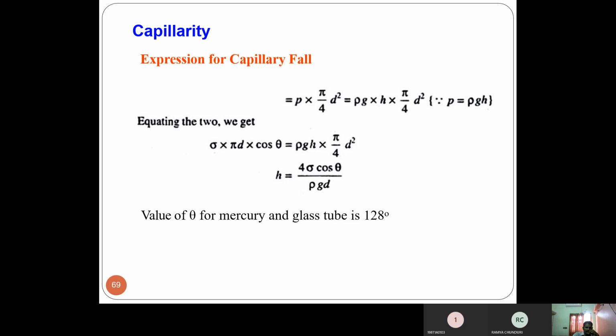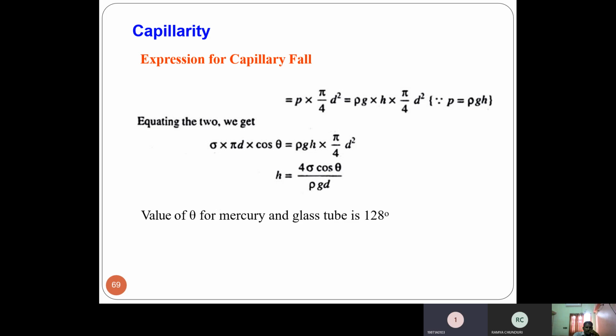If we simplify it, we will get h is equal to 4 sigma cos theta by rho g d. Pi gets cancelled, d gets cancelled. By cross multiplication, the 4 will come to the numerator, 4 into sigma by rho g d, cos theta as usual.